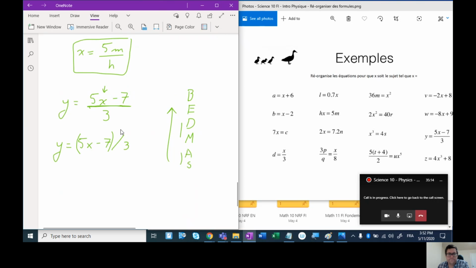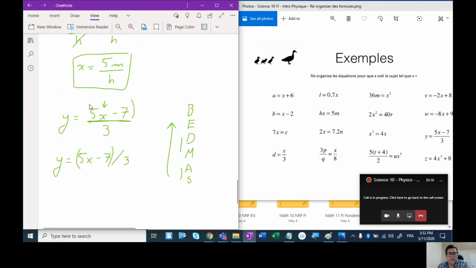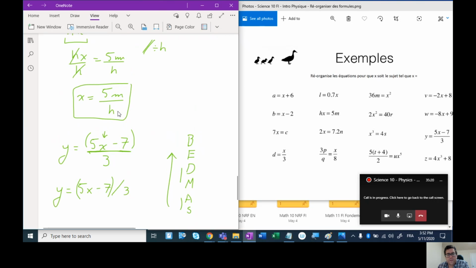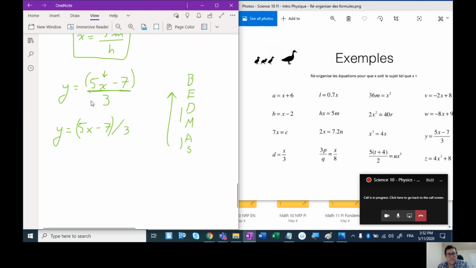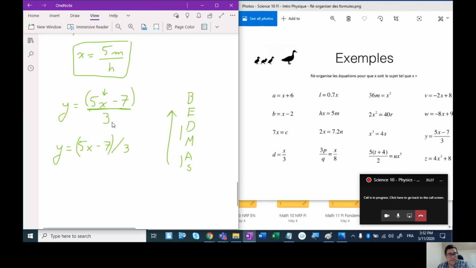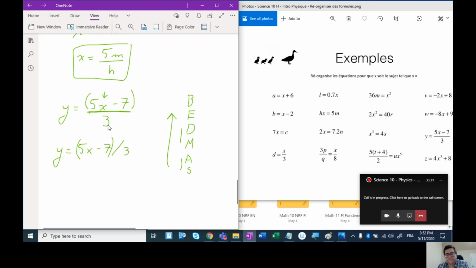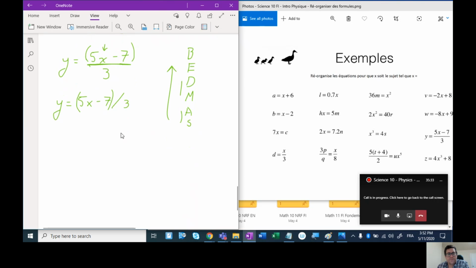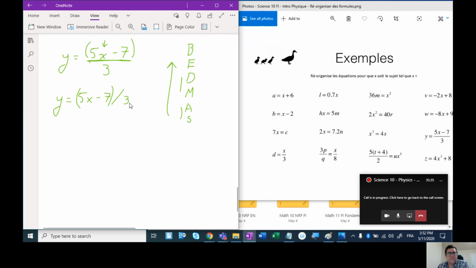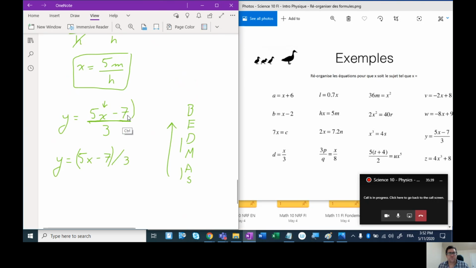So there's a kind of invisible bracket here. And so before we can get into that bracket, we have to clean around it. And so as you can see, before we get in, we have to take care of the divide by 3. That's the first thing. And it's kind of natural.